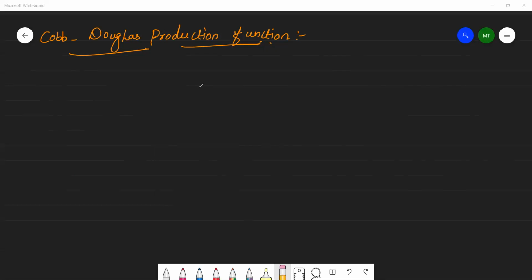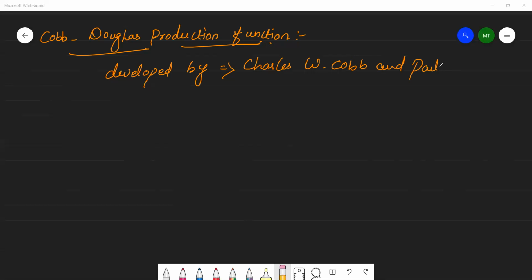The Cobb-Douglas production function was developed by Charles W. Cobb and Paul H. Douglas, based on the empirical study of American manufacturing industry.